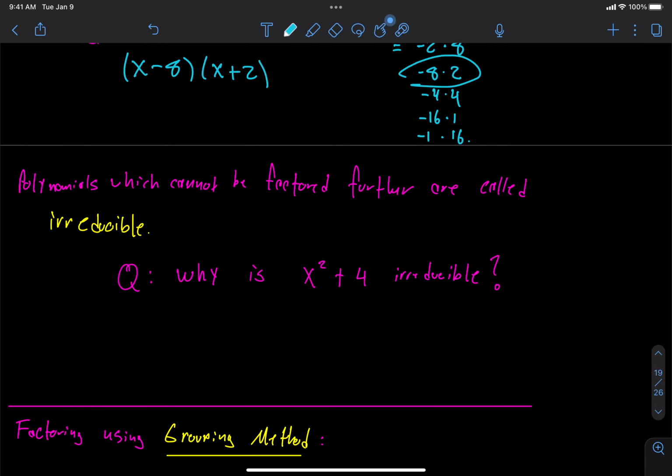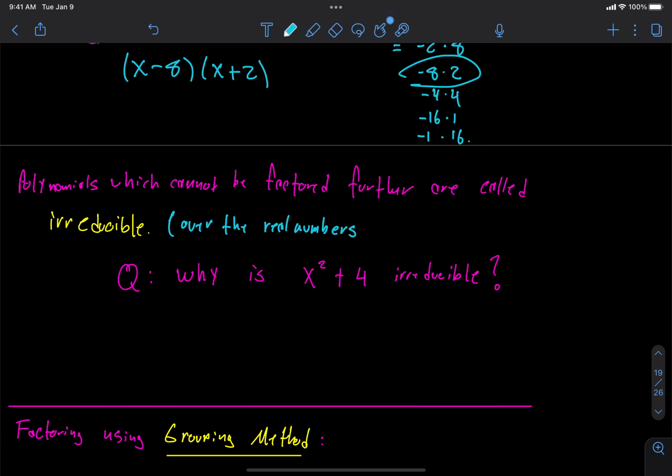Before we talk about that, though, let's talk about polynomials which cannot be factored further. Polynomials which cannot be factored further are called irreducible polynomials, or technically, irreducible over the real numbers.